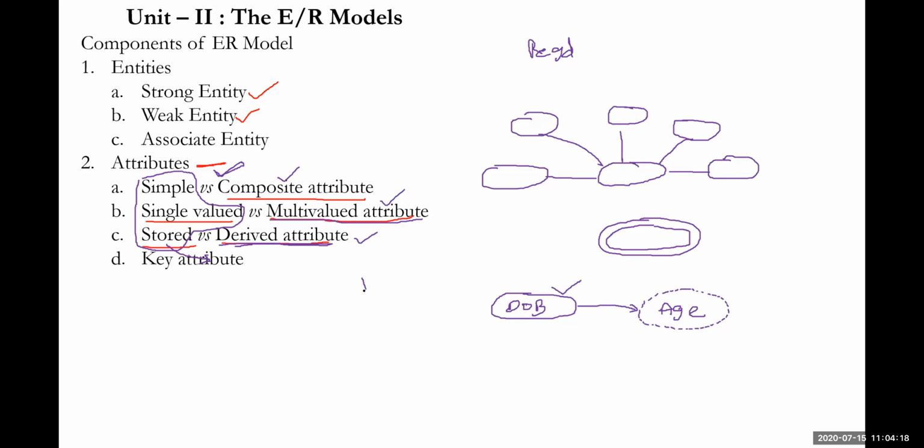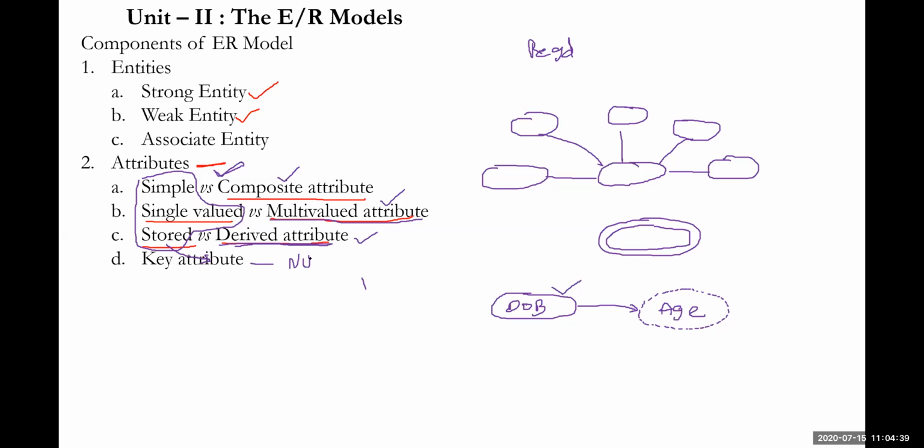Then followed by key attribute. We have already seen the key attribute: it is the attribute which plays a vital role throughout the database management system. If you have a key attribute, it has two properties. One is that it is not able to take any null values.